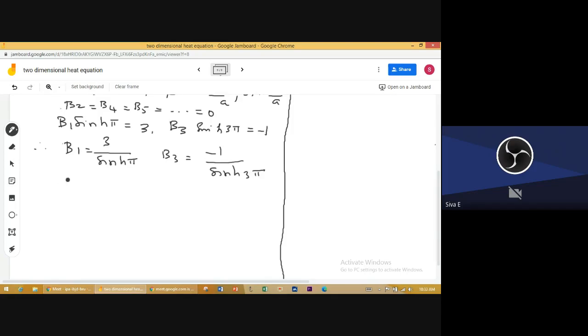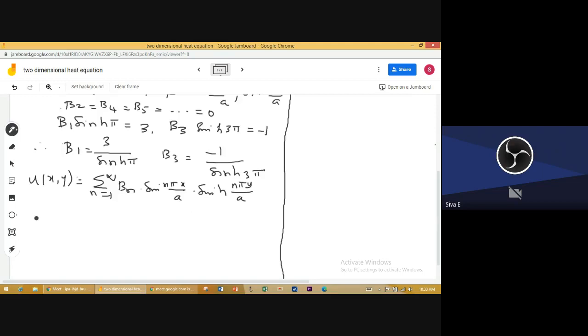Substituting b1 and b3 in u of x comma y. What is u of x comma y? u of x comma y equal to summation of n equal to 1 to infinity bn sin n pi x by a into sinh n pi y by a. But b2, b4, b5 all are 0. Only b1 and b3 will come.